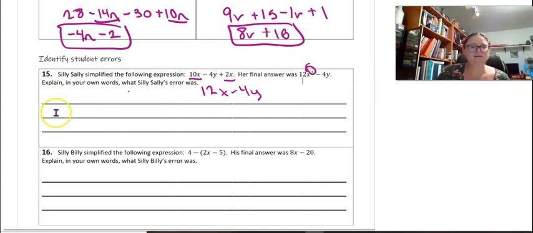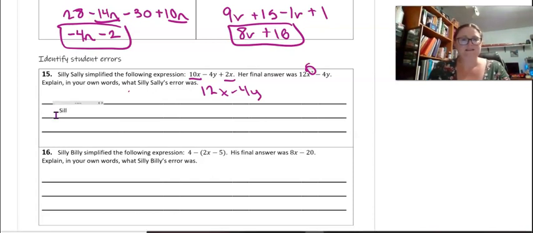So down here, I would type or write in your handwriting because you have a worksheet, Silly Sally's. So you should start by saying, Silly Sally's mistake was. And then you can add in what you think her mistake was.